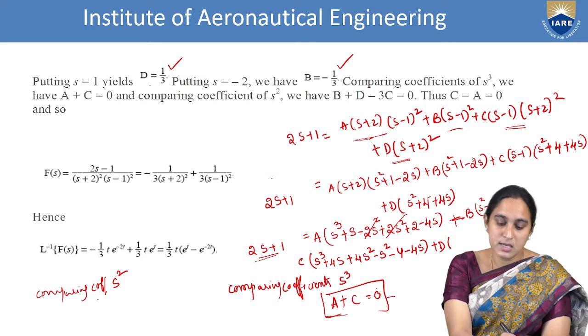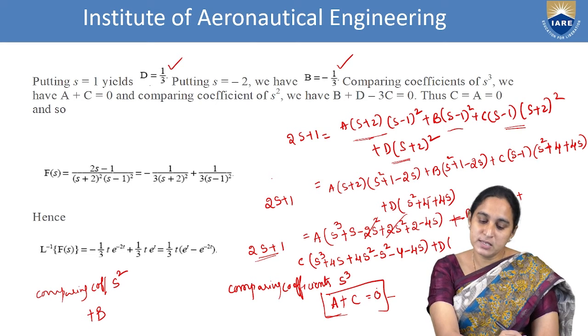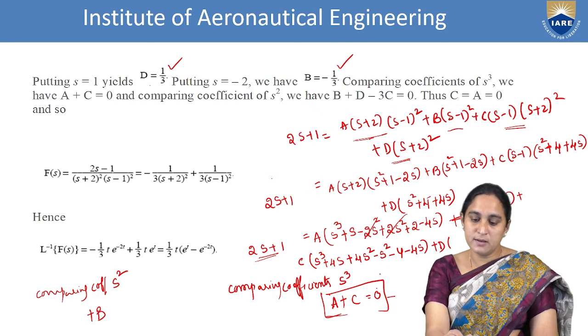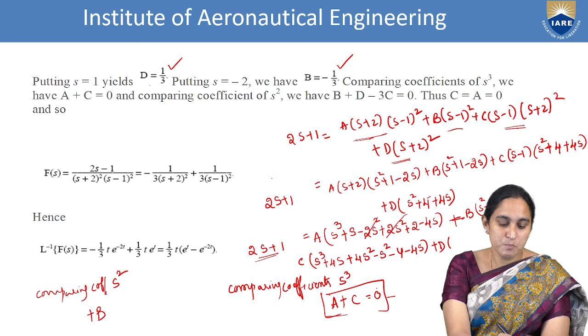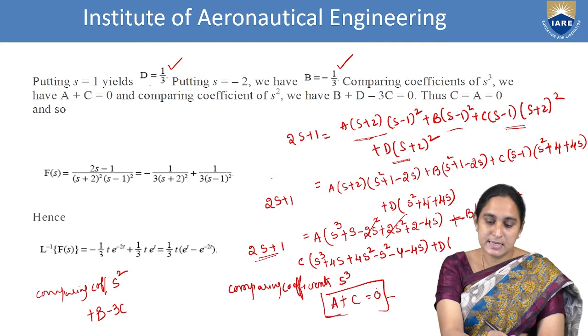Okay, in A there is no S square, that is 0, plus B, because in B the S square is there, that's why I'll write B. And what about the S square in C? Here in C, 4S square minus S square, that is 3S square. That means here we got plus 3C, right? Okay, here we got B plus 3C plus D.